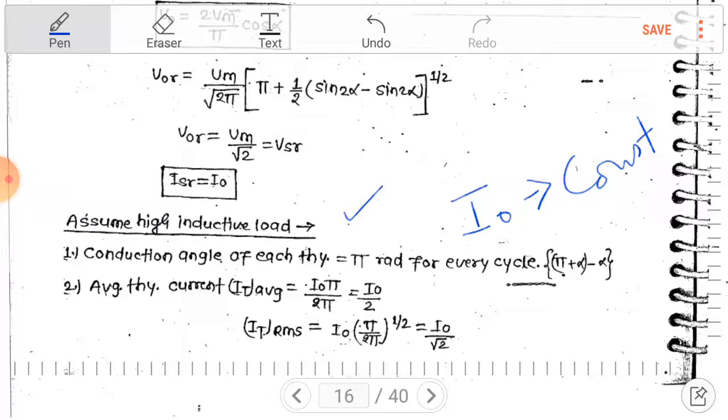So the conduction angle of each thyristor is pi radian for every cycle. The average value of thyristor current is I naught by 2, and the RMS value of thyristor current is I naught by root 2.